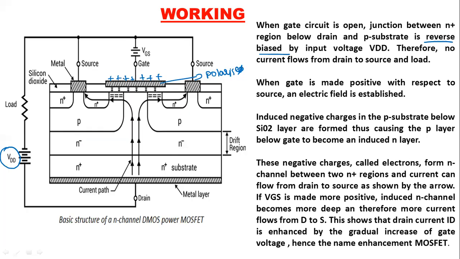When the gate pulse is given, the SiO2 layer will get polarized. So negative charge will get induced between the two N plus layers, and electrons can pass from source to drain or drain to source.